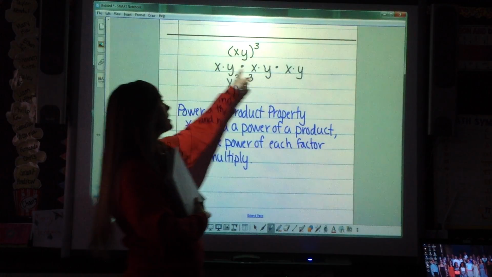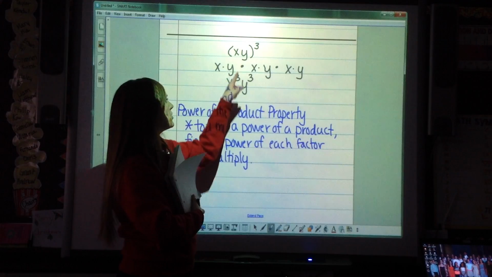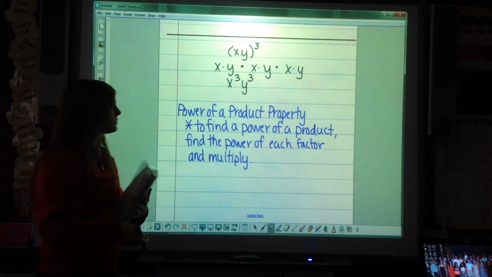Okay, so instead of breaking it down, you're going to take this cubed and distribute it to both factors.